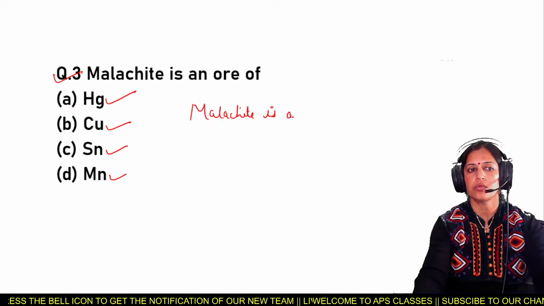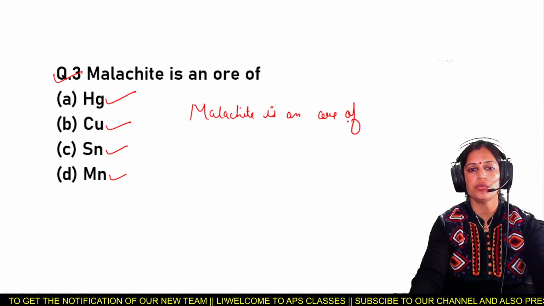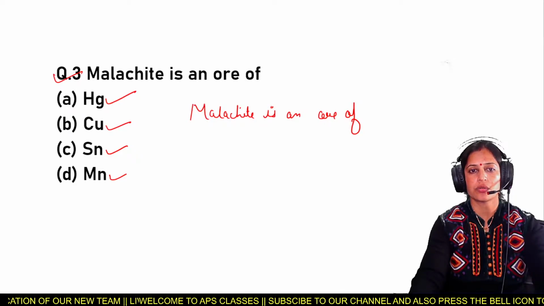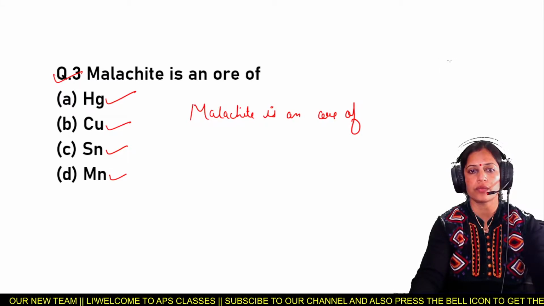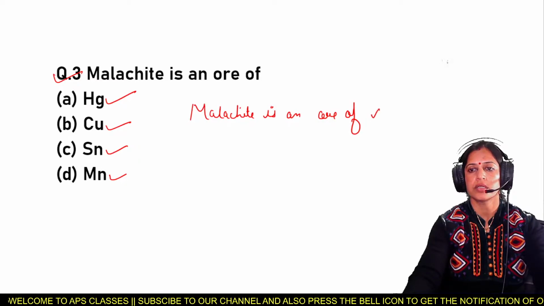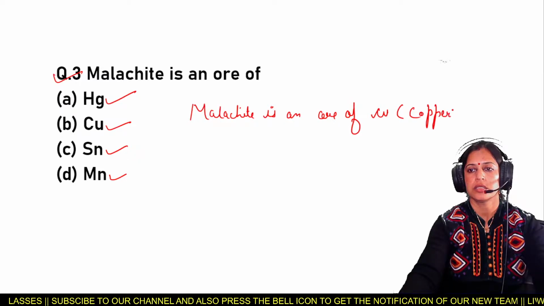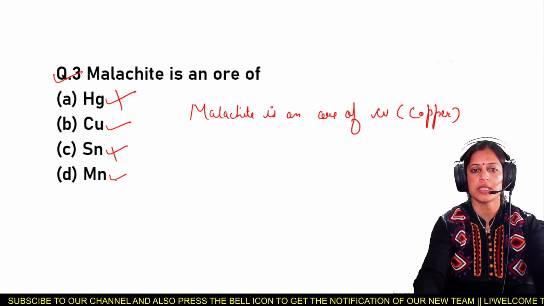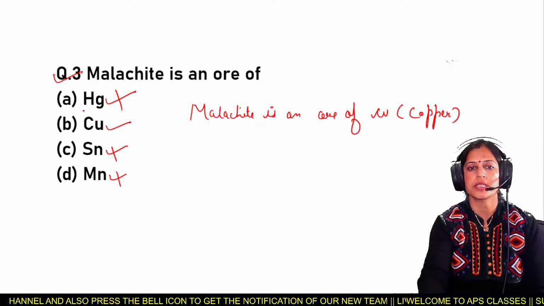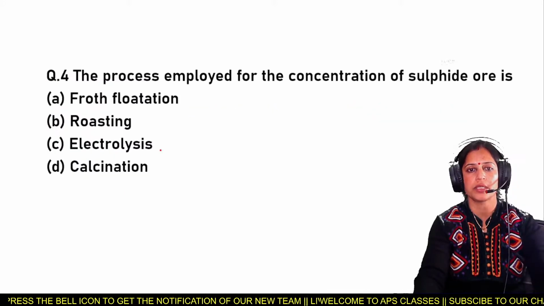Malachite is an ore of copper, not Hg, not Sn and not manganese. So this is the right answer for question number 3: malachite is an ore of copper.